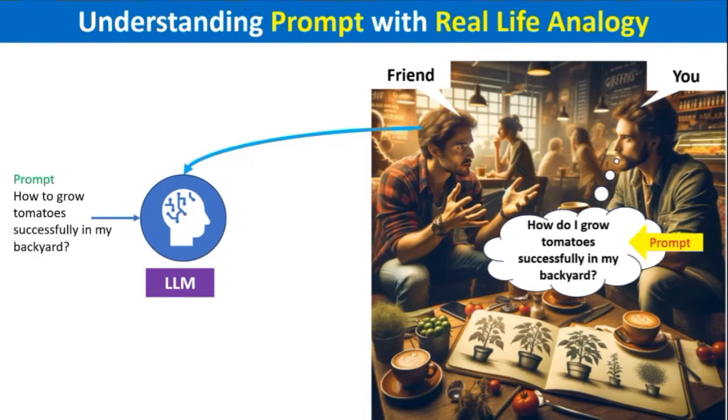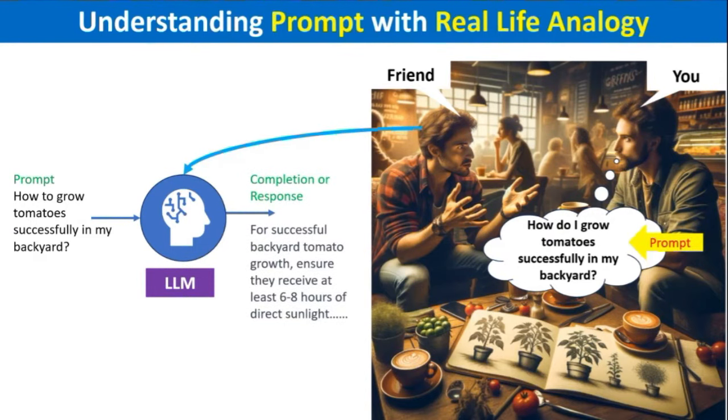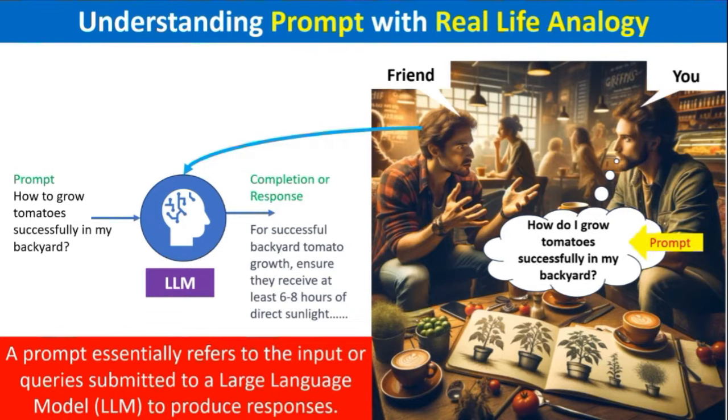Your friend's response, which might include tips on soil preparation, sunlight requirements, and watering schedules, is similar to the output generated by an LLM in response to the prompt it receives. So just as the quality and clarity of your question can influence the relevance and depth of your friend's advice, in NLP, the way a prompt is constructed can significantly impact the quality and usefulness of the information provided by your language model.